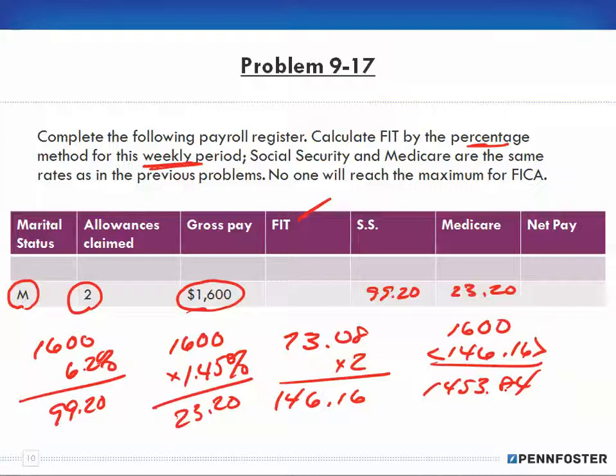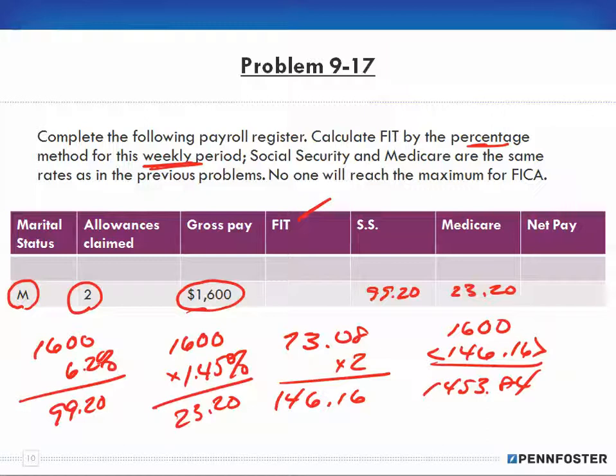Now, if you go back to the chart, it tells you that for a married person, and you know what? Let me see if I can't stick in the chart real quick here. Okay, maybe that might help.